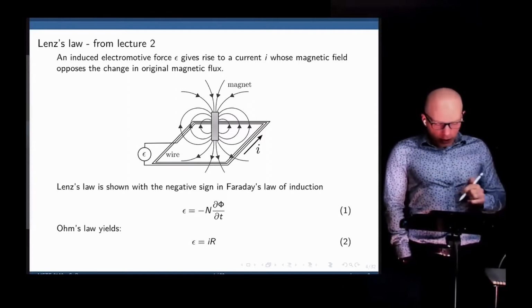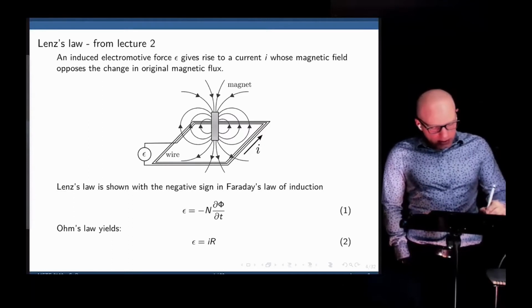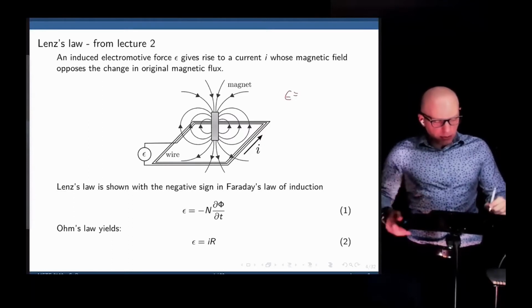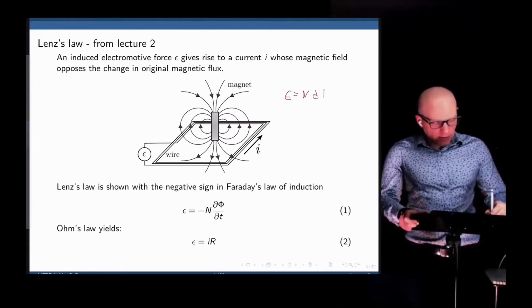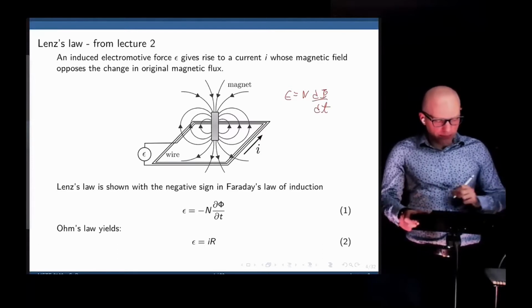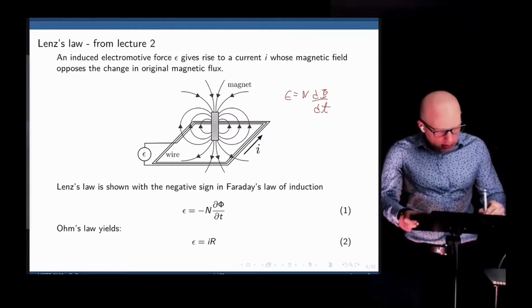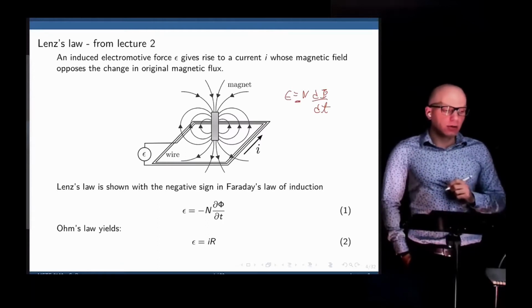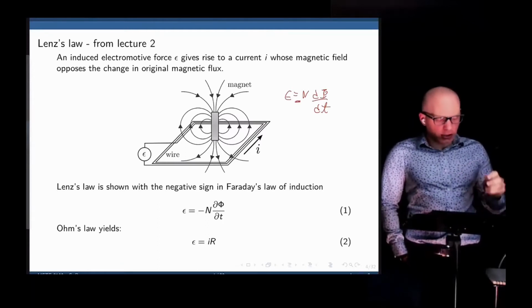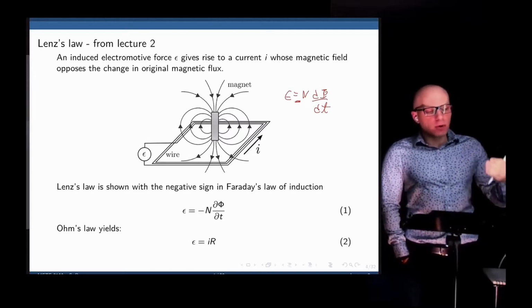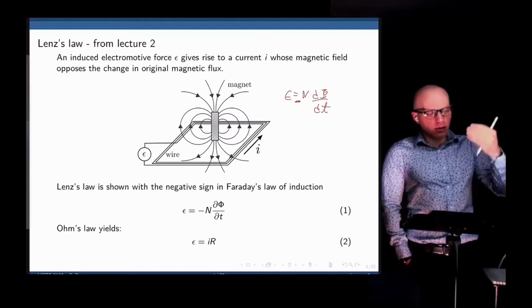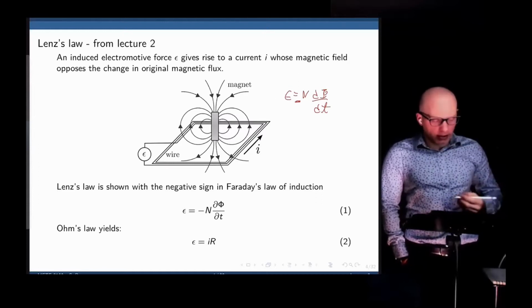From Faraday's law, we can now state that this induced EMF is proportional to the number of turns of that wire times the derivative of the magnetic field over time. And Lenz's law adds that negative sign, which specifies that a current generated through this induced EMF must oppose the magnetic field created by the originating magnetic field.